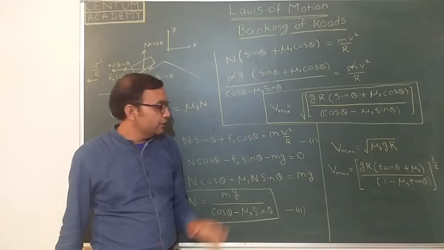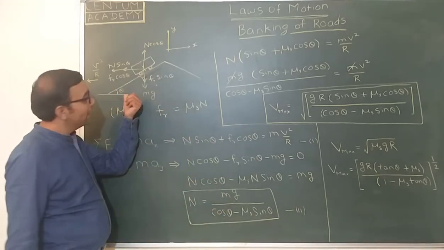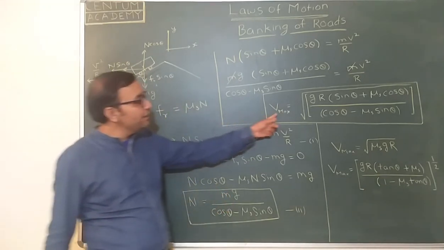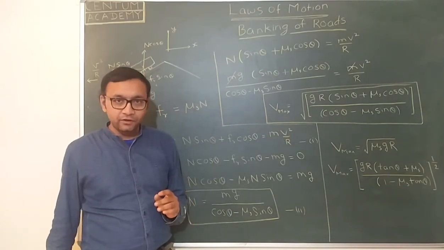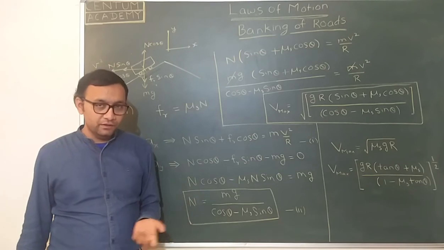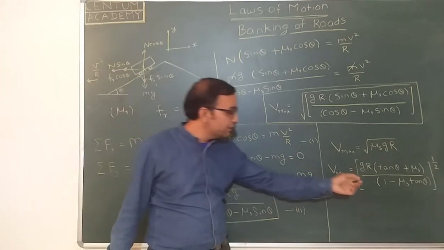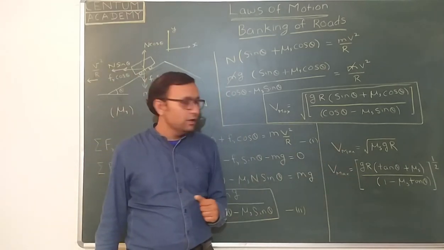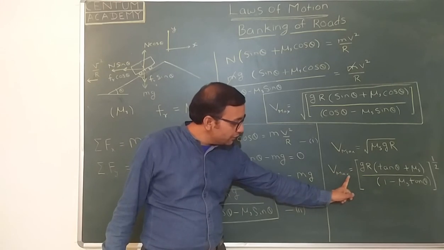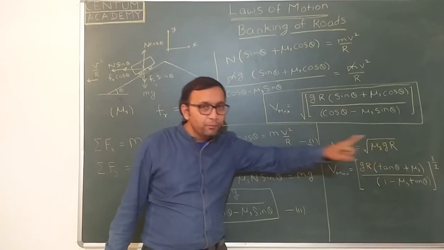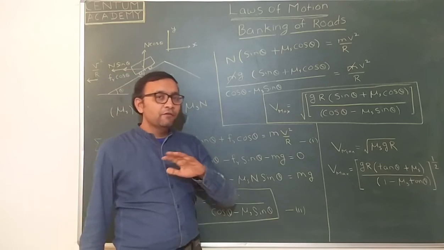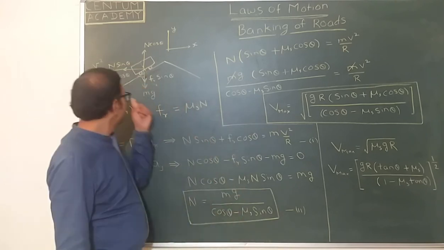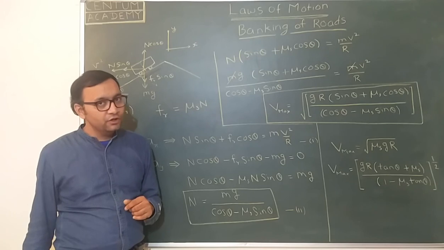So that is the reason why banking will help you to maintain higher velocity at the turn without skidding, right? Now another way you can check whether your expression is correct or not is that you should get mu s gr when you put theta equal to 0, because for a flat surface this angle theta is 0, right?